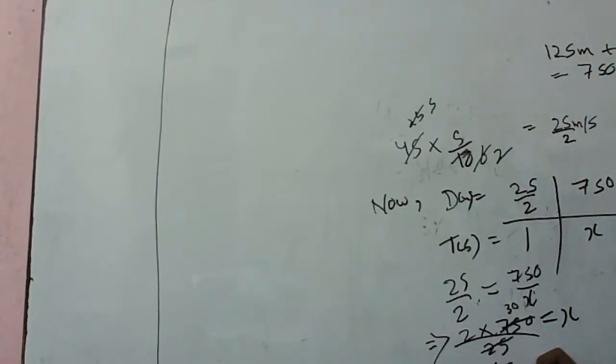This implies x equals 60 seconds. So it will cross the platform in 60 seconds.